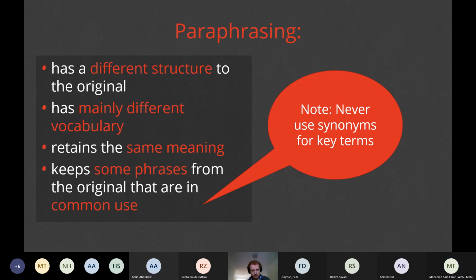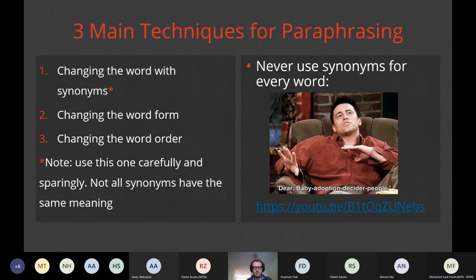All right. Cool. Any questions? No questions? All right, good. So techniques for paraphrasing: changing the words with synonyms, okay? So what's a synonym? A synonym is the same meaning.